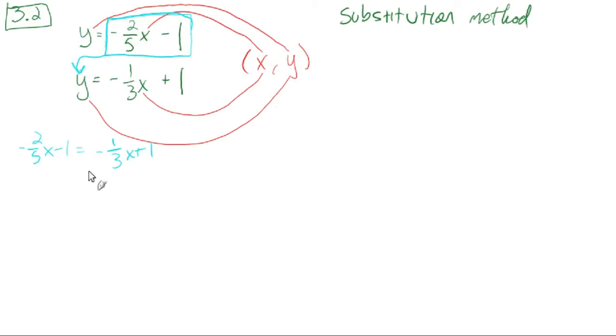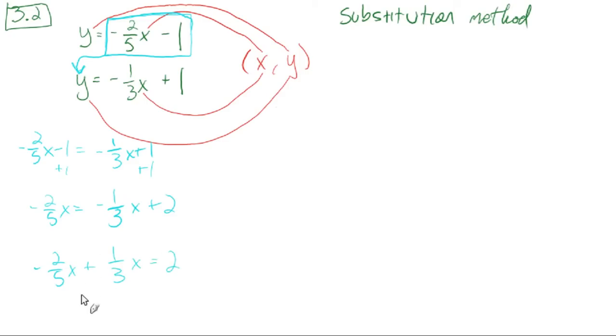This equation doesn't have two variables, it only has one, and we can just solve for it like we have before, getting the x by itself. So we could add 1 to both sides, get negative 2/5 x equals negative 1/3 x plus 2. And we can add a third to both sides, so we'll get negative 2/5 x plus 1/3 x equals 2.